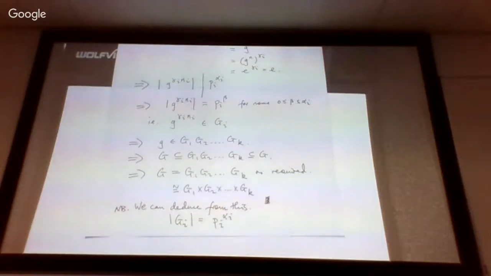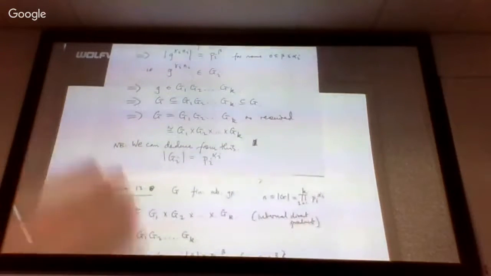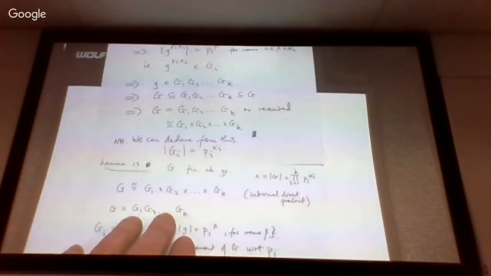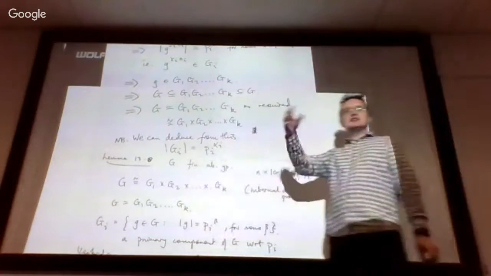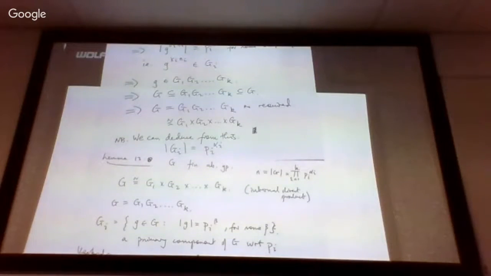So remember, the fundamental theorem of abelian groups says, and I'm just putting the statement down again, that G can be written as a direct product of cyclic groups, each of which has prime power order.